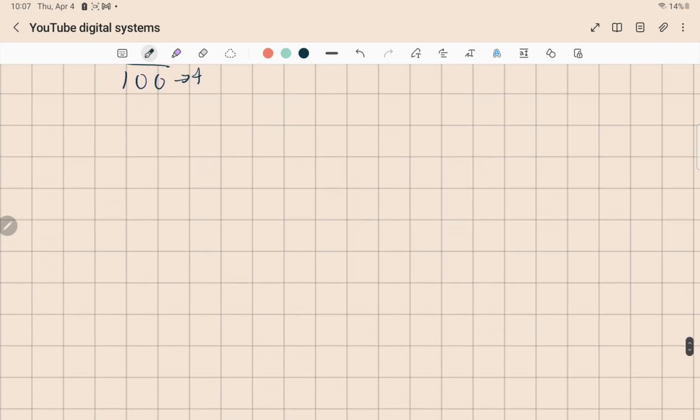Now, there's one last thing we have to know, is that there's a way to convert quickly with bases. This is a very neat trick, and I'll show you it now.